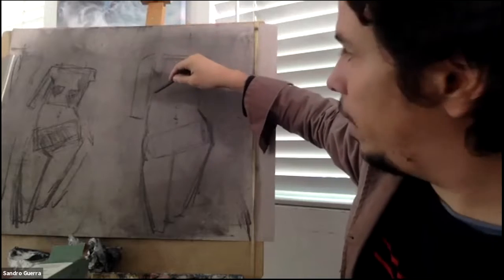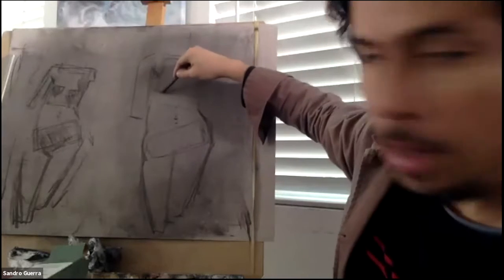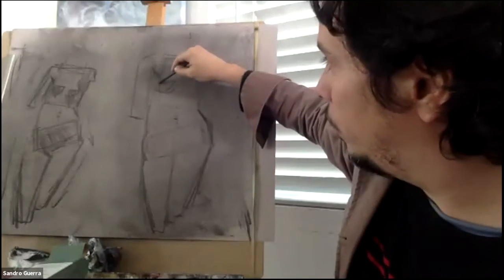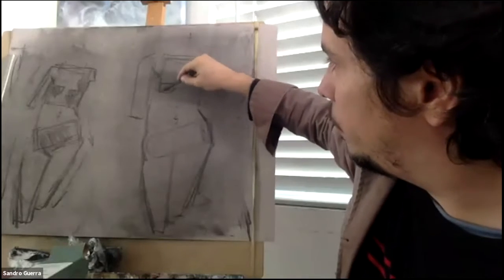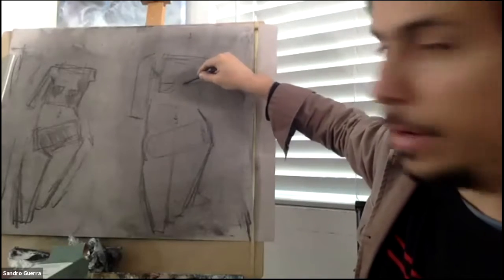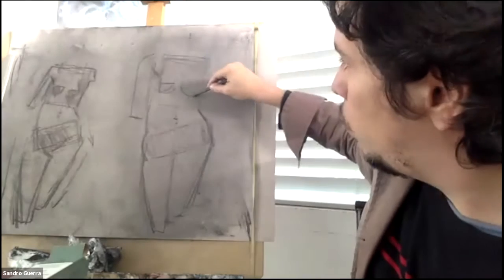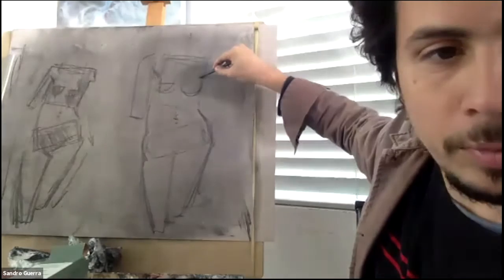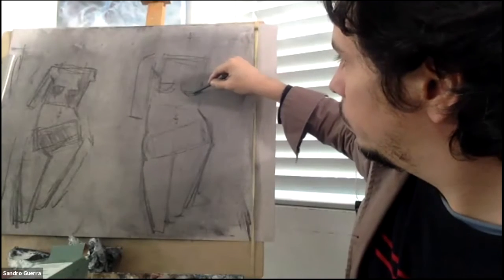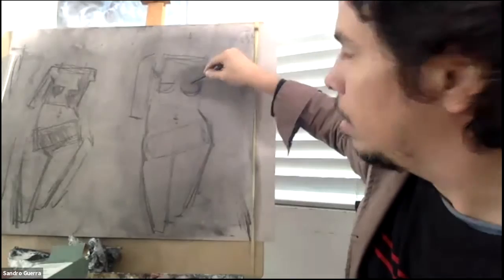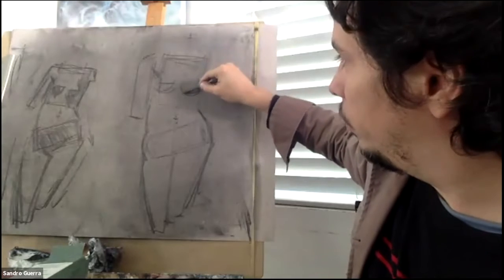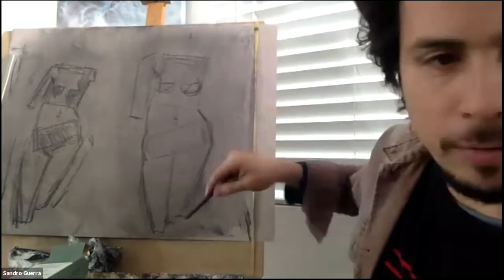Then here we have the breast. And we have a triangle here defining the shadow of the breast. And then here we have the other breast. The circle, boom. Really small. And we have like a triangle here defining the shadow of the breast.